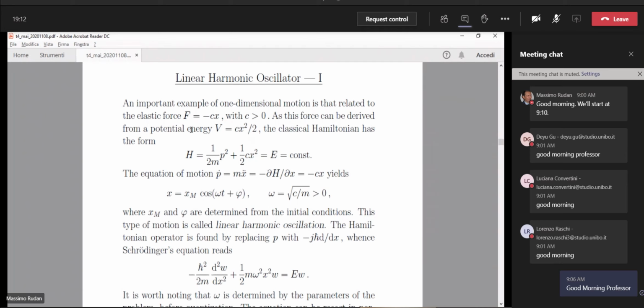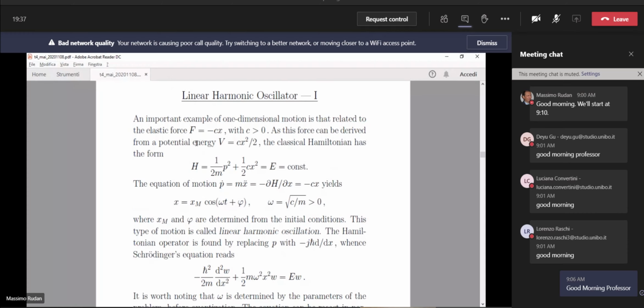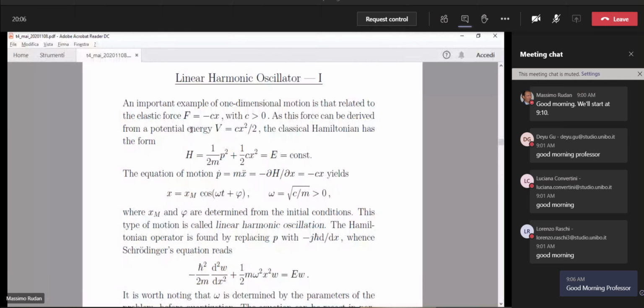So the total energy is, as you see in the formula, p squared over 2m plus 1/2 Cx squared equal to the total energy, that is a constant, and the equation is solved and provides an oscillatory motion, where xm is the maximum elongation, and omega is the angular frequency of the oscillation and is given by the square root of the elastic constant over the mass.